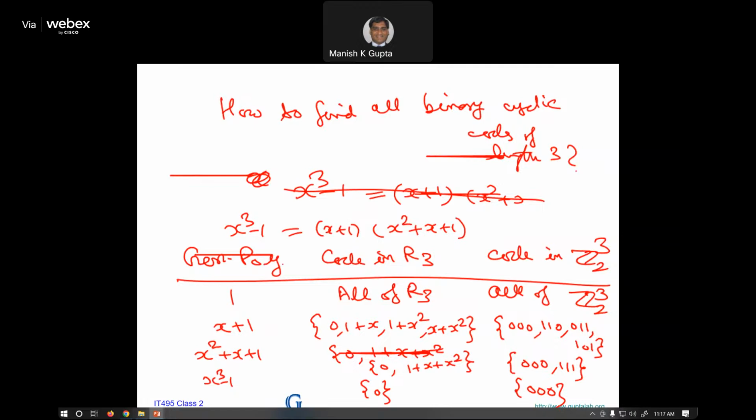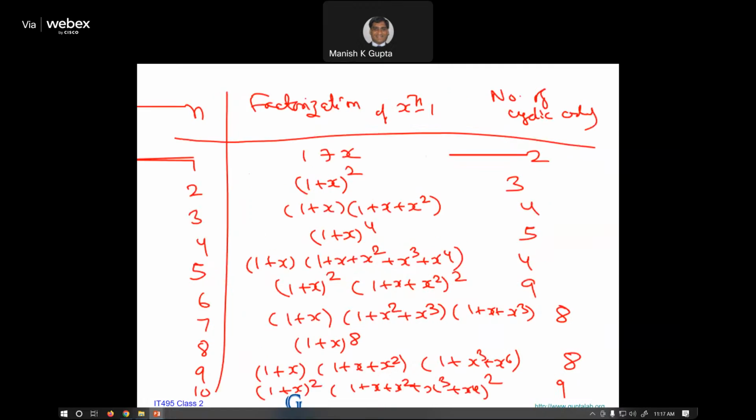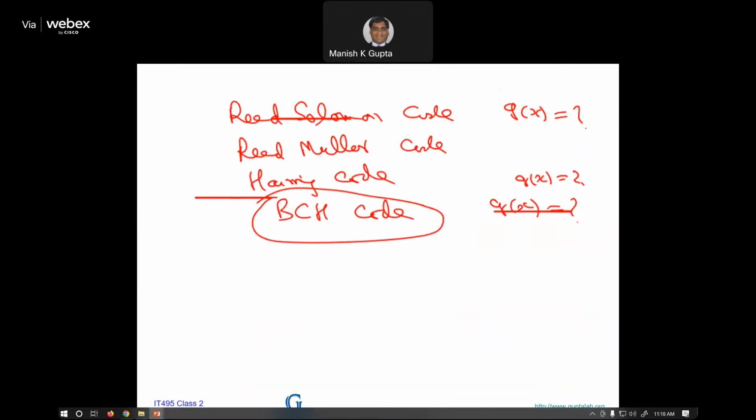Got it? So what I was saying is that finding these factorizations is a difficult task, of course, but a beautiful one. You can see how we find these things. As an exercise, I would suggest you look at the Reed-Solomon code.